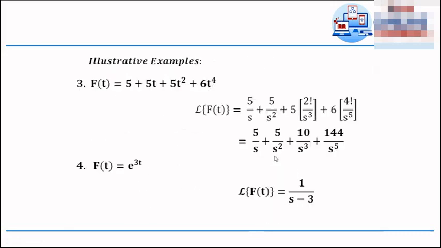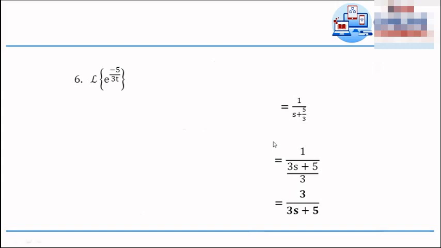So number 6, our a is equal to 5 all over 3. You have your negative sign. A is equal to 5 all over 3. So your answer is 1 all over s plus a. Our a is 5 all over 3.